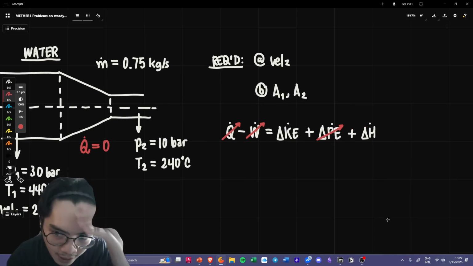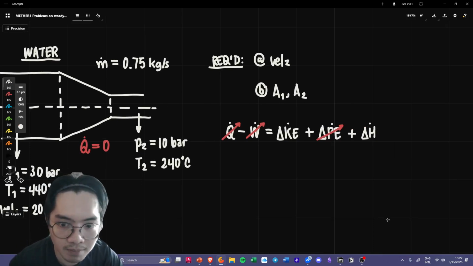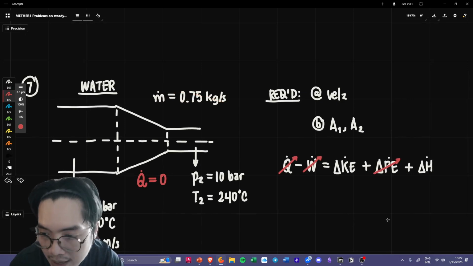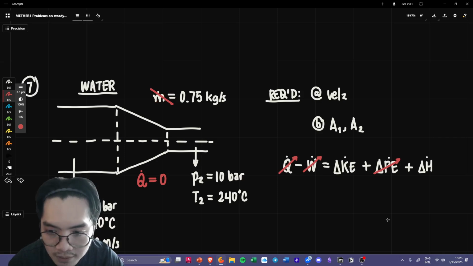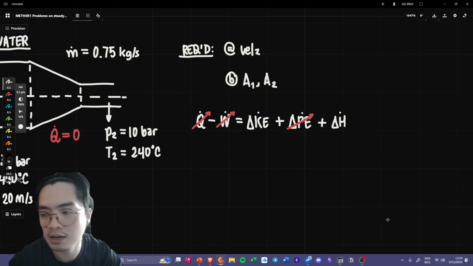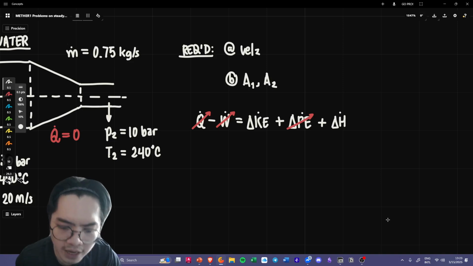So in this case now, this will be our equation. And mind you, I will say this right now, at the very least, when we're talking about the first law, I don't care about the mass flow rate. Let's just try and expand.